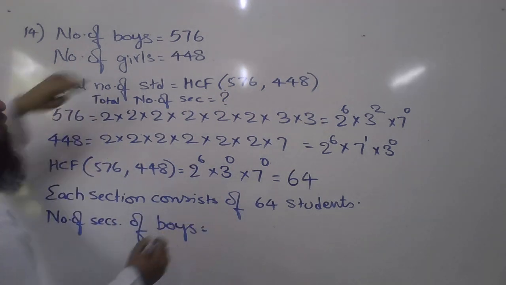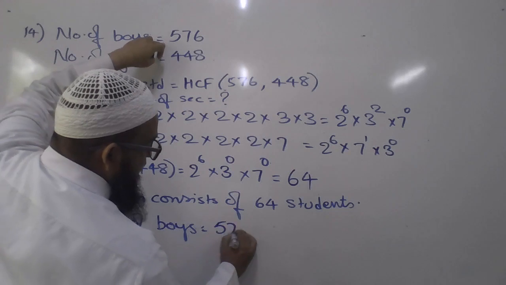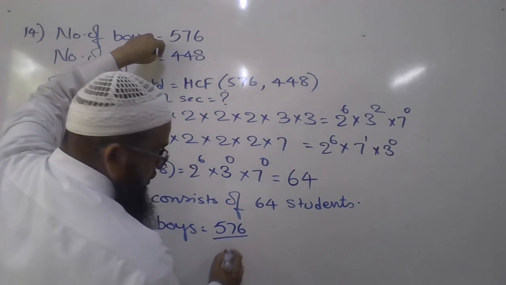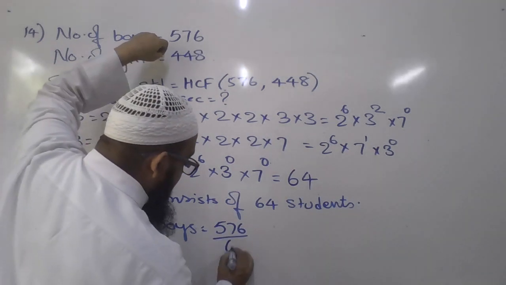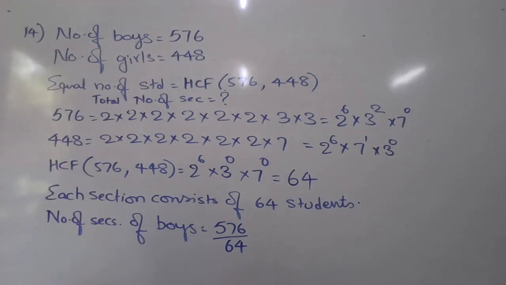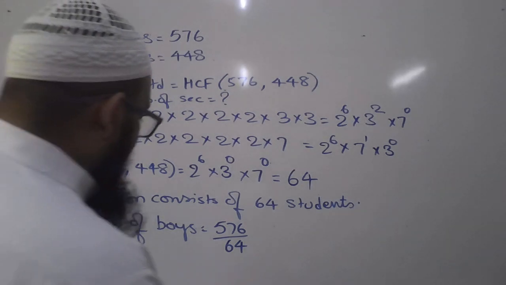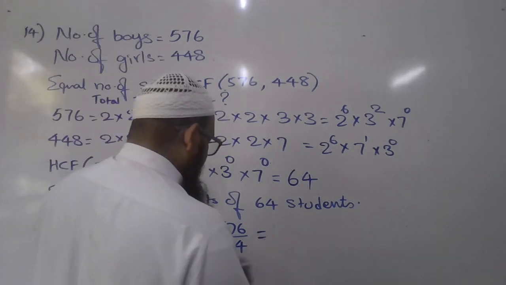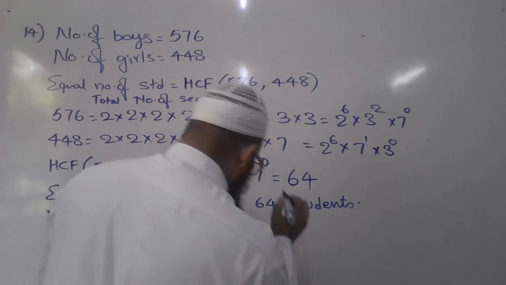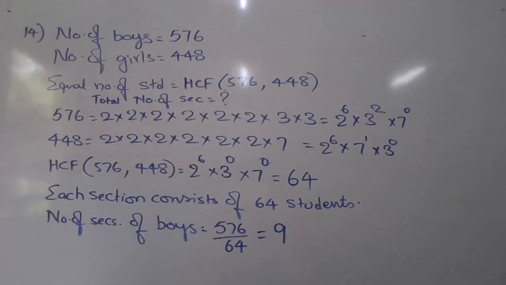The total number of boys is 576, and each section has 64. So it is 576 divided by 64. It is 9. Am I right? 9 4s are 36, 9 6s are 54. Yes, I am right.